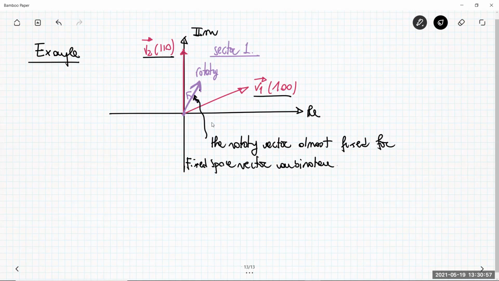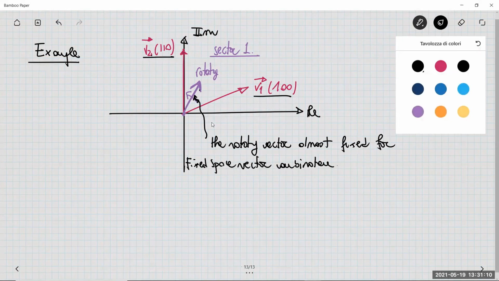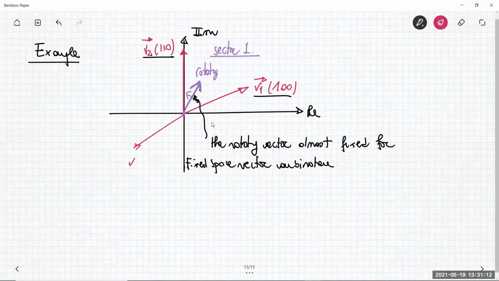Why do I have to consider V1 and V2? Because generally speaking, I can use any couple of vectors. For example, I can use V1 and V4, which is here, which has 0, 1, 1. But remember what I said at the beginning of this discussion. When you use two adjacent vectors, the switching word just has one bit of difference. 1, 0, 0 is one bit from 1, 1, 0.